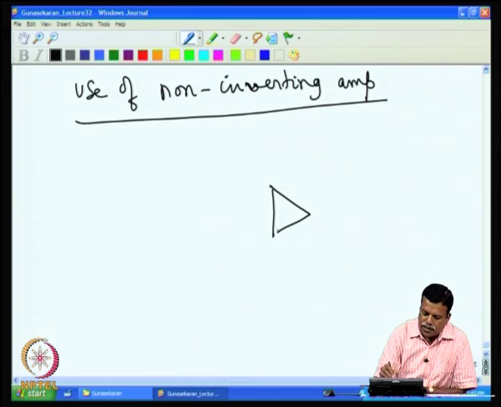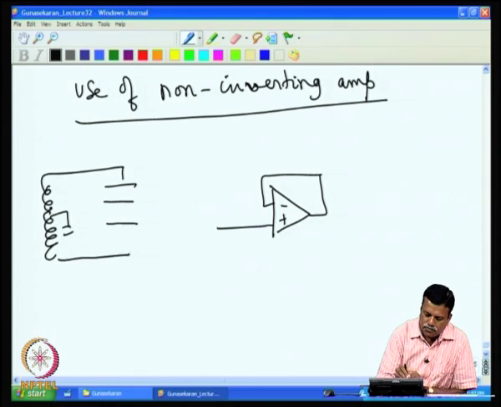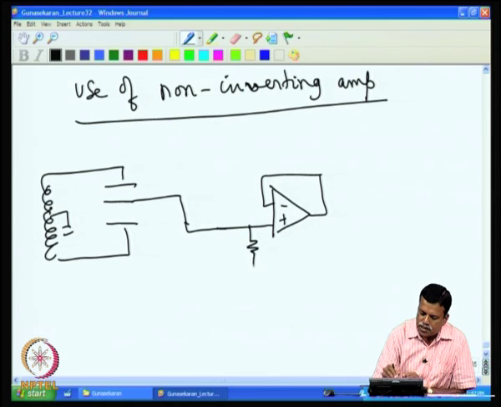If I have a signal like this, then we can have this voltage. Then I connect this and put a resistance here, and I will get V naught here.